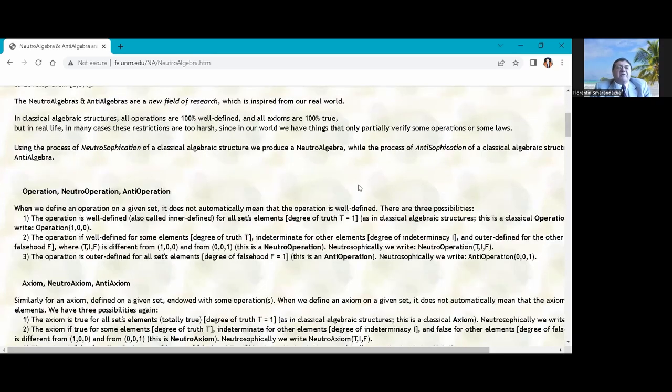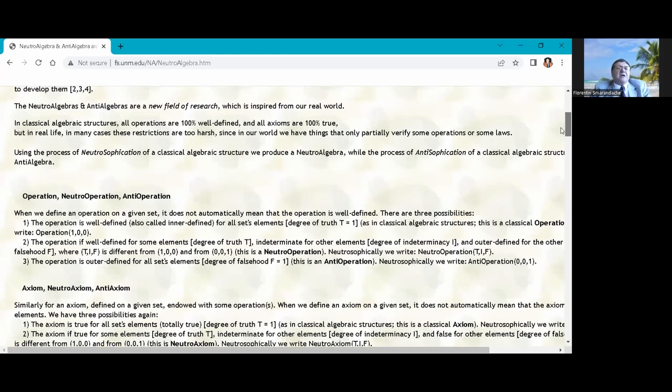You know, it's our life. And the same thing for operations that apply only partially to some people and partially to others. Or there are even operations or axioms that are totally false in some given societies or some given spaces.